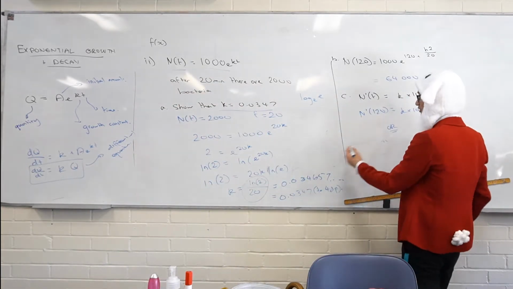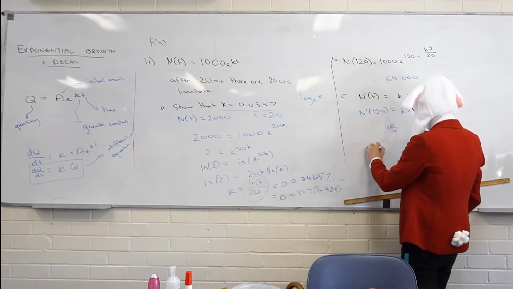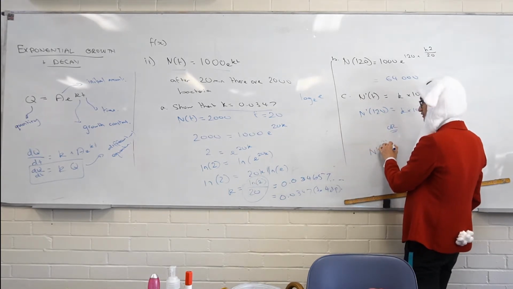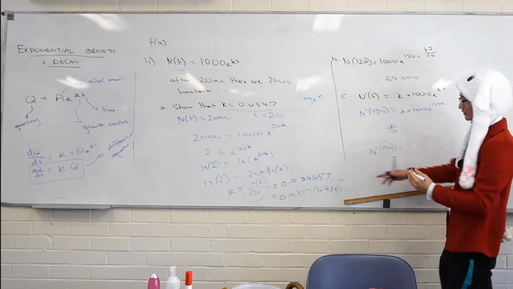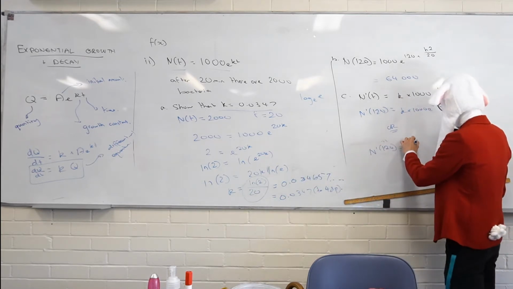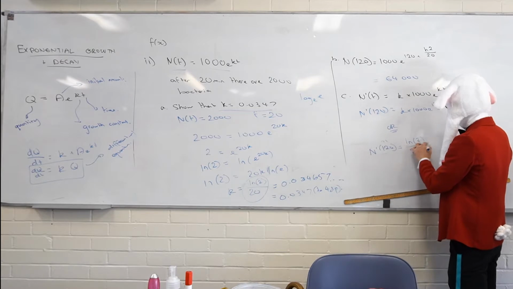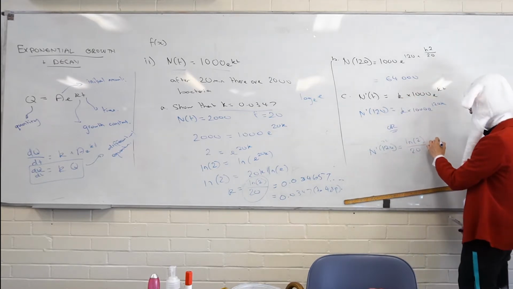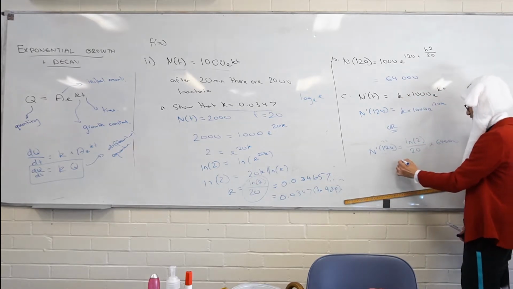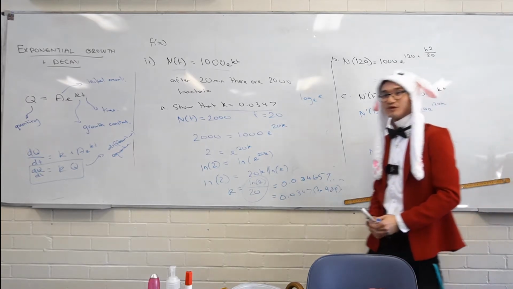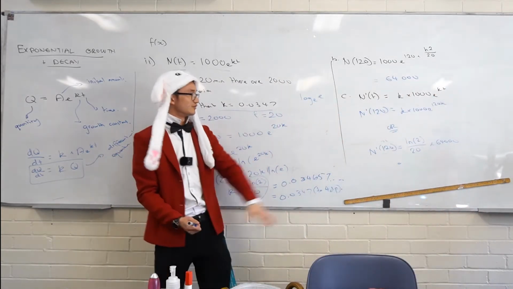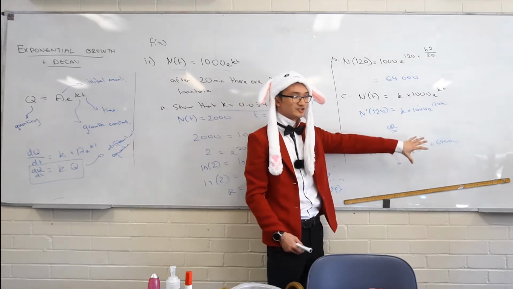I can just say n dash of 120 is going to equal whatever my k value is, which, using the unrounded form, is ln 2 over 20 times however many bacteria there are, 64,000. Either way is going to work. It just depends which one you're more comfortable with. Again, it's always safe to just differentiate and check, but this is a relationship you can use as well.